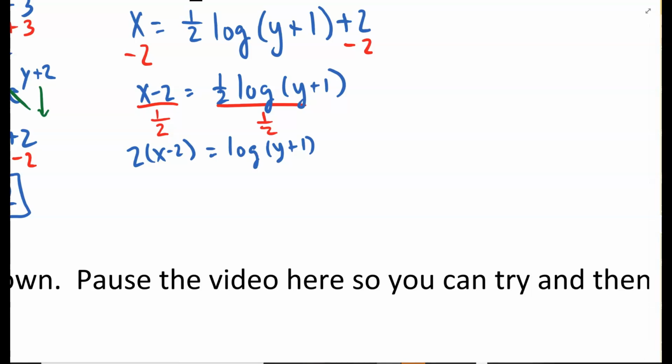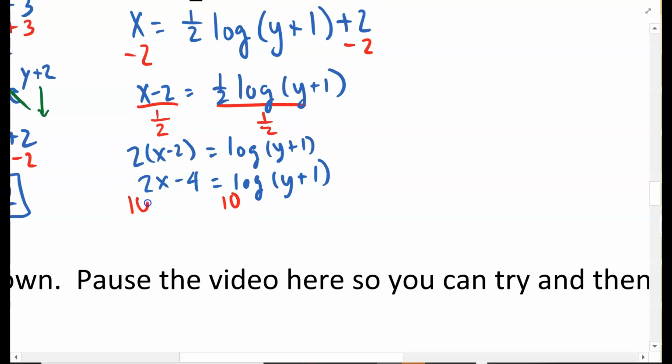And since we're doing some multiple choice assessments, I'm going to go ahead and simplify this to 2x minus 4 equals log of y plus 1. Now, remember, when it's just log, you know it's supposed to be base 10. And so we use a base of 10 on both sides. The base of 10 will cancel the log.